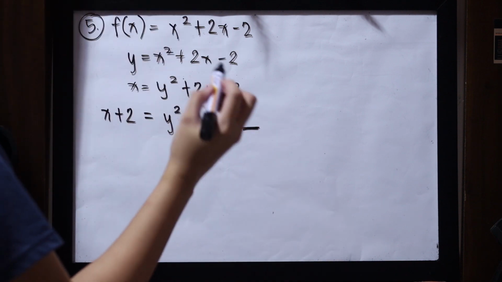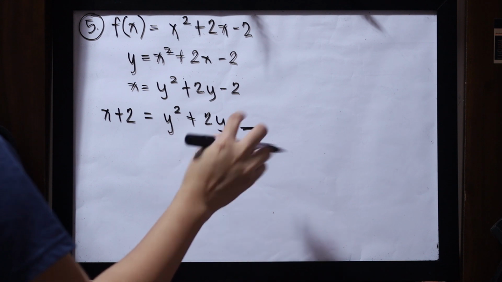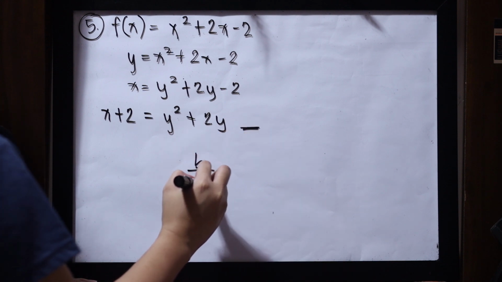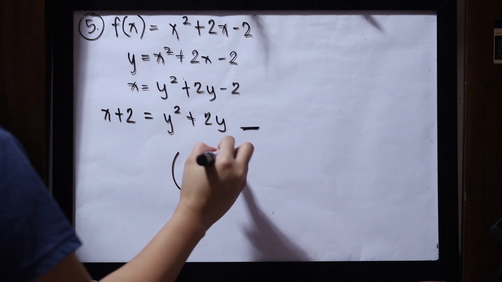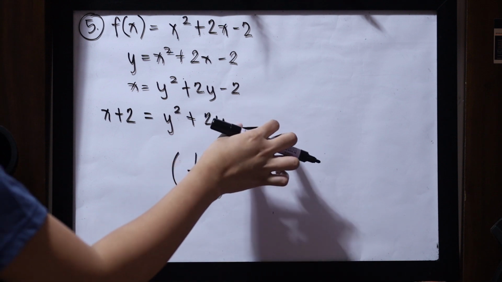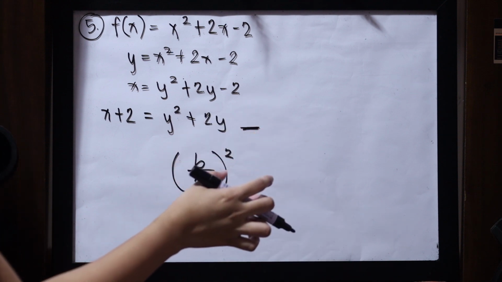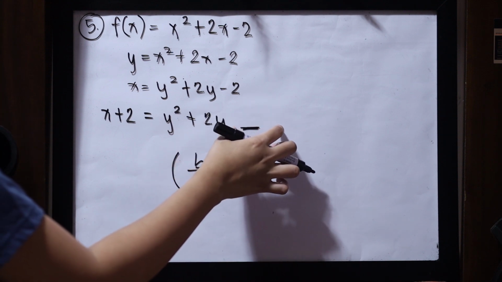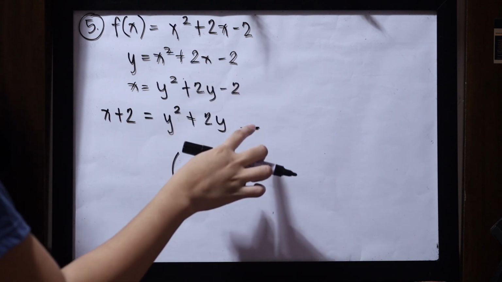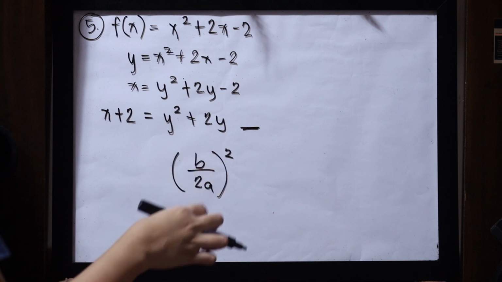Natatandaan nyo ba yung sa completing the square na ang sabi, para makuha yung third term, we have to divide b by 2a and then you get the square of that. Para yun yung ilalagay mo dito sa third term. Tapos ngayon, i-add natin siya dito kasi nga completing the square siya.